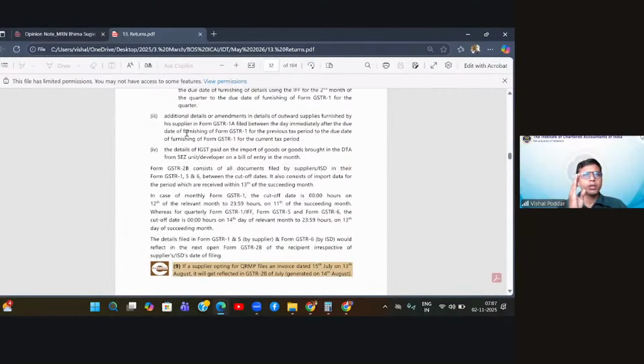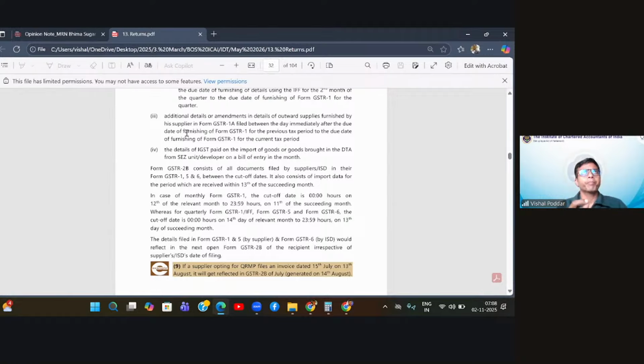Most important, 2B is generated on the basis of whatever GSTR1 the suppliers have filed by the respective due dates of GSTR1. As we studied earlier, for the month of October, when we file returns of October in November, the due date of GSTR1 is 11th of November.